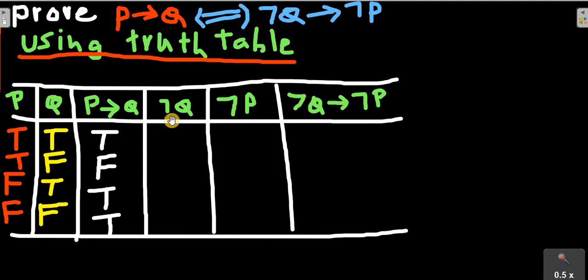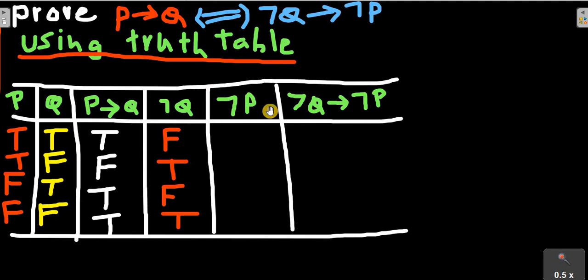Now what is the negation of Q? We know already. Therefore what we will have? Here we have true, here false, here true, false, so the negation will be false, true, false, true.